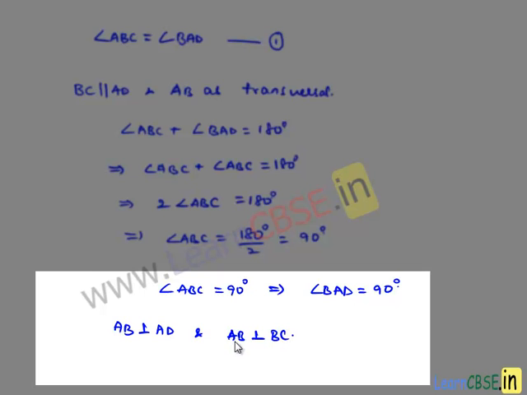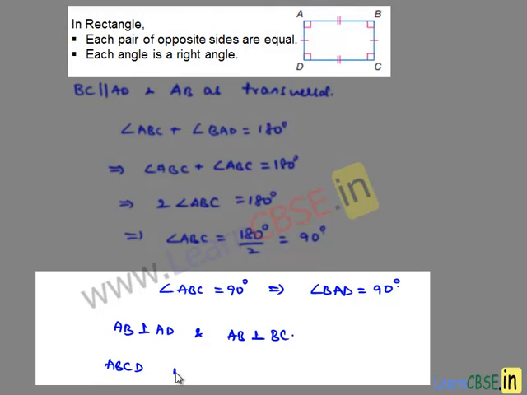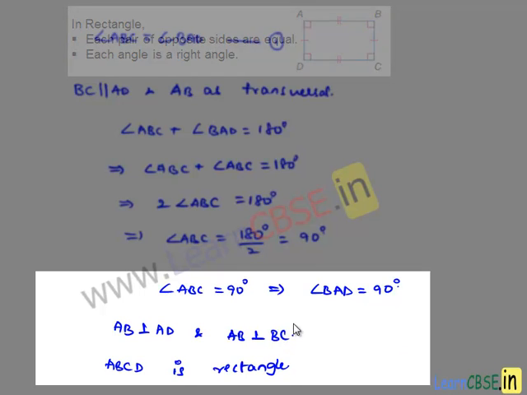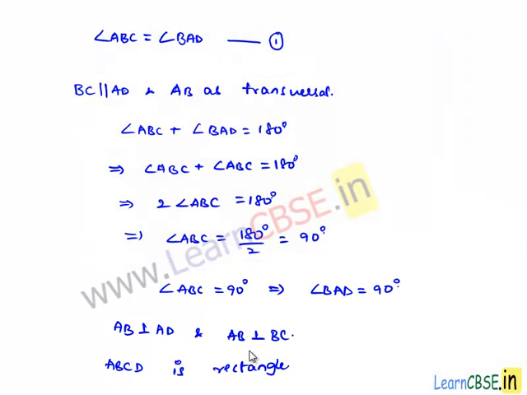So we can say the given parallelogram ABCD is a rectangle, as we know the properties of a rectangle: adjacent sides are perpendicular to each other and opposite sides are equal. As in a parallelogram opposite sides are equal, and here we got the condition that adjacent sides are perpendicular to each other, we can say the given figure ABCD is a rectangle.